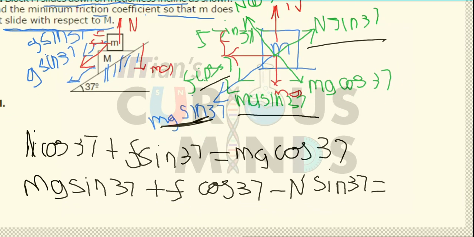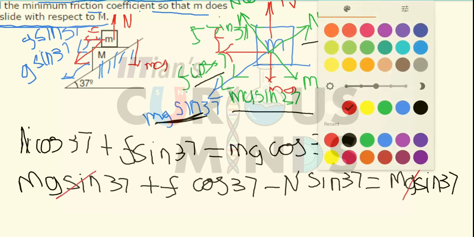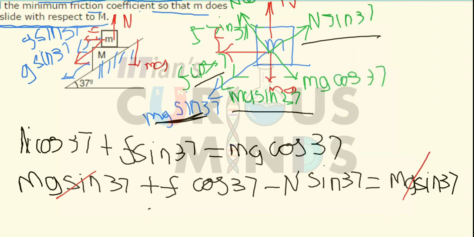Resultant force is mg sine 37. Okay, resultant force is mg sine 37. So mg sine 37 and mg sine 37 will get cancelled out from both the sides. So it will be equal to f cos 37 will be equal to n sine 37.